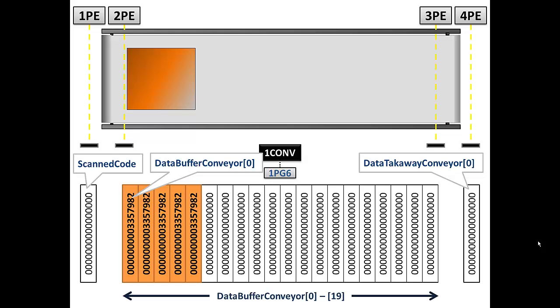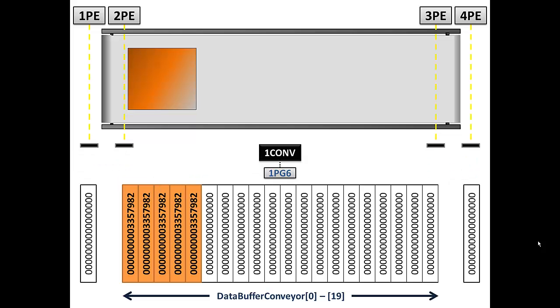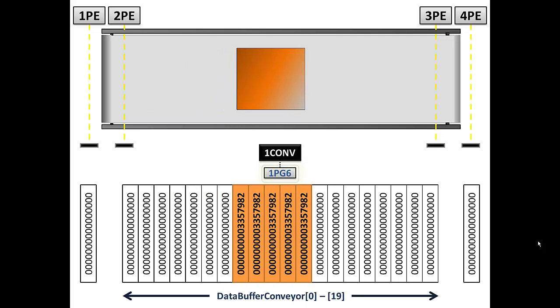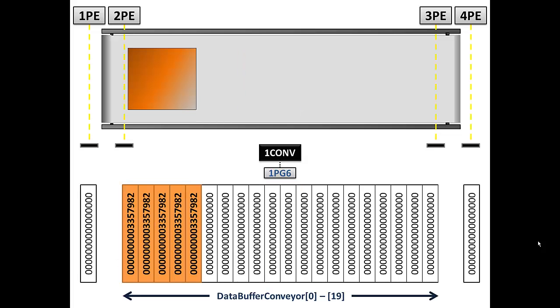And of course the conveyor stopped, the carton's sitting there. Well, I'm sorry, we don't bring in another carton, but as we move the carton down the conveyor, notice that the product code moves with it through the virtual conveyor. That's really all I wanted to illustrate.